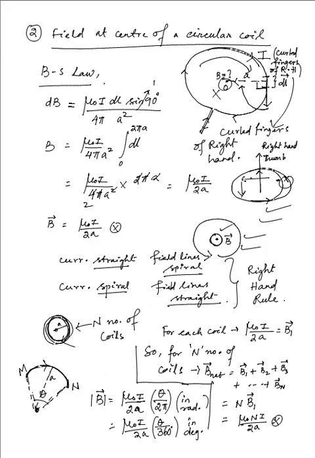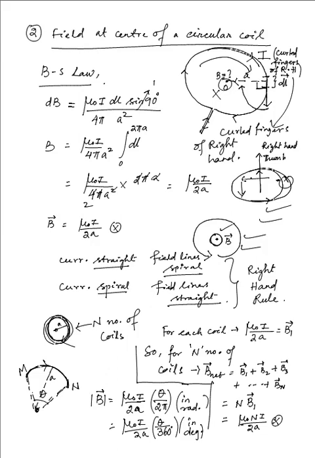As you can very well observe, if in this case it was 60 degrees supposedly, then 60 divided by 360 will give you 1/6 of the total magnetic field that would have been the case for a complete circular coil, whereas this is 1/6 of it. So this is how we deal with the numericals associated with this kind of arrangement of the current flow across a coil of a certain radius or even its sector.